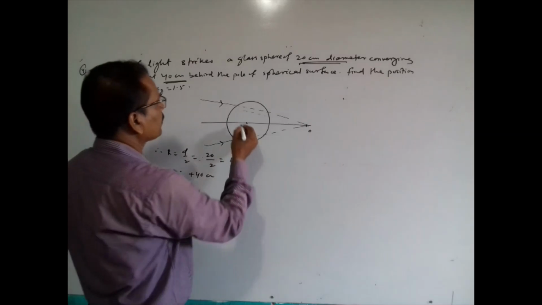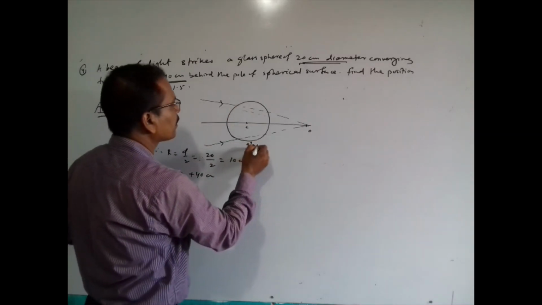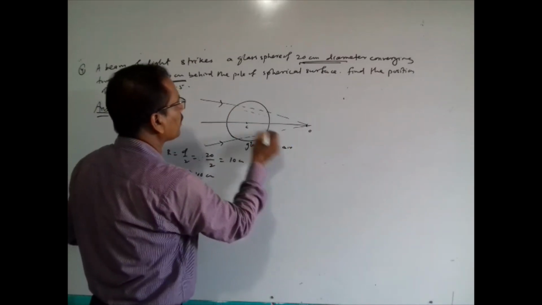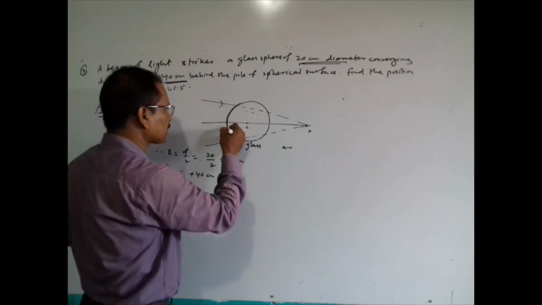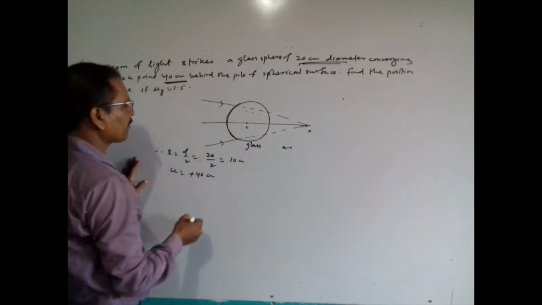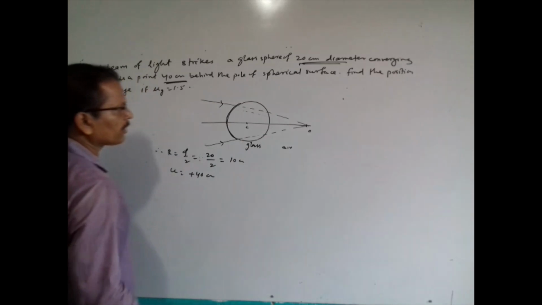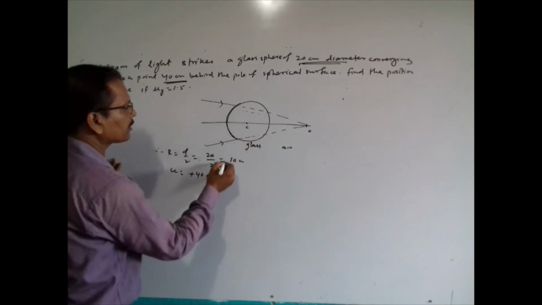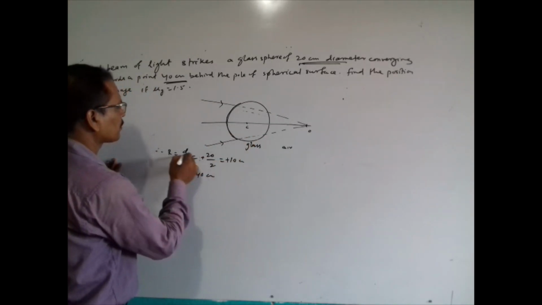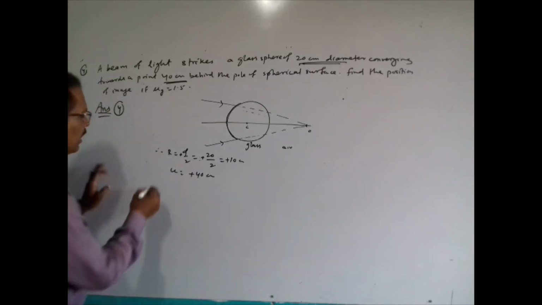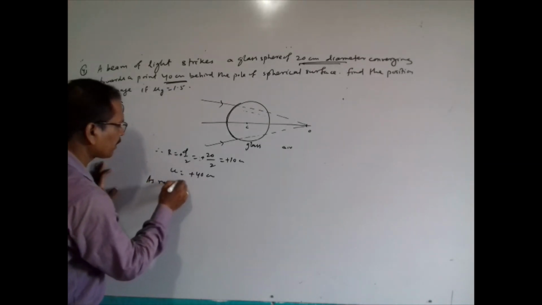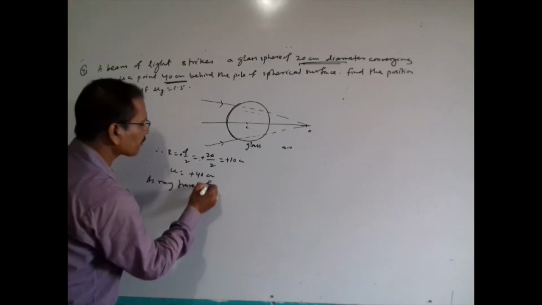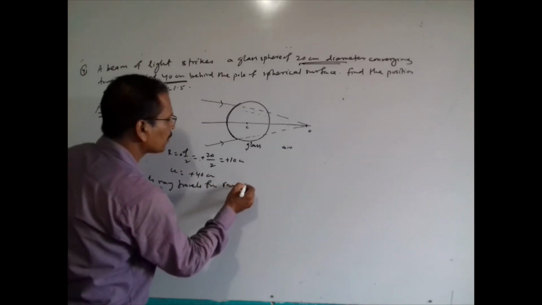This is the surface, this is the glass, and this is air. The surface is convex. So the ray travels from rare to denser, and R is plus.